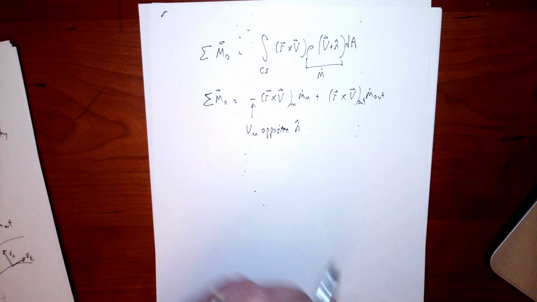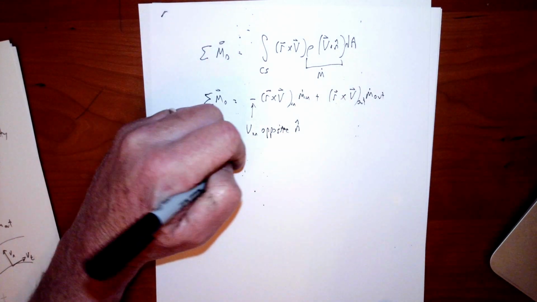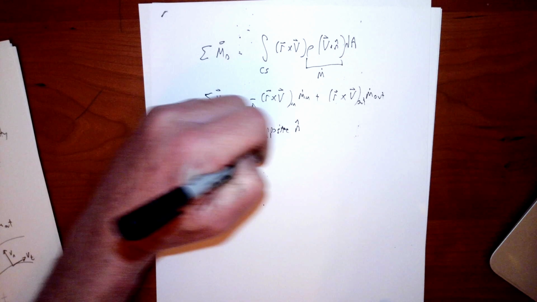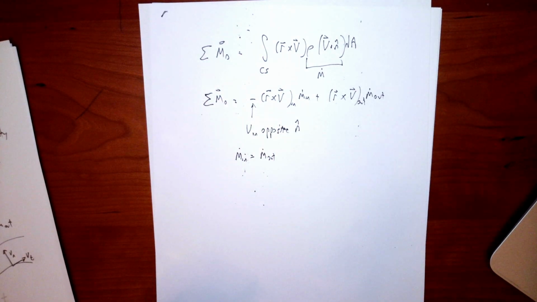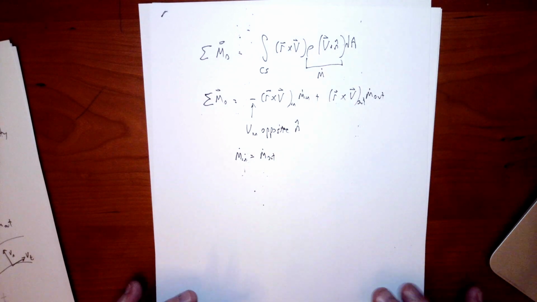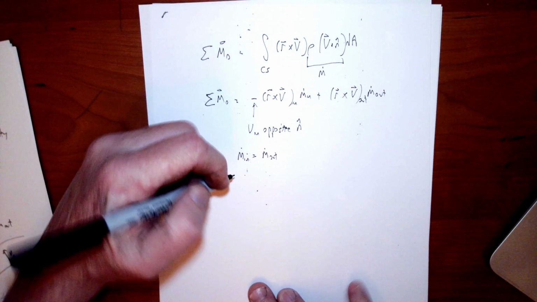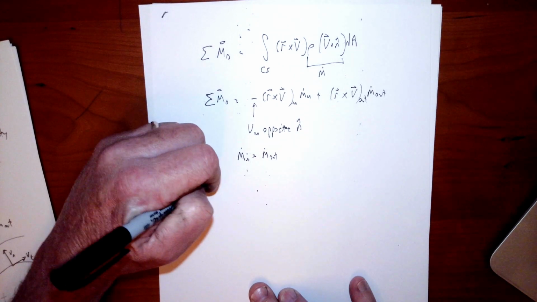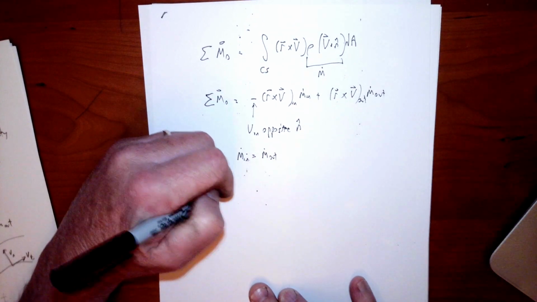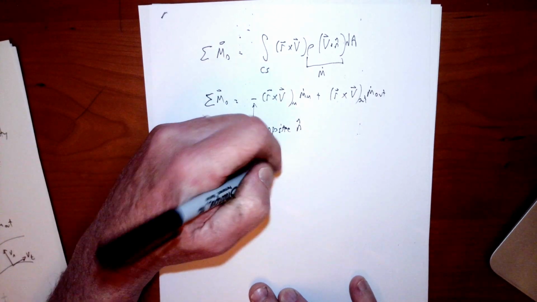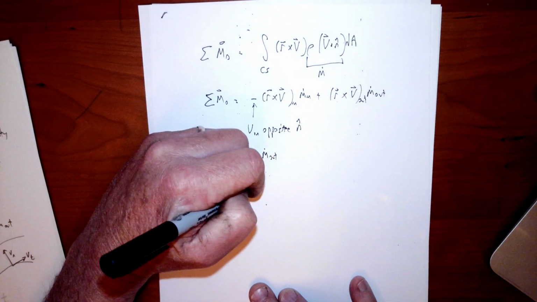Then we can recognize, first of all, that m dot in has to equal m dot out in order for mass conservation to exist. We can't have mass accumulating inside the pump indefinitely at steady state. That's just ridiculous. Turn our pump into a black hole or something. So we're just going to have one m dot.